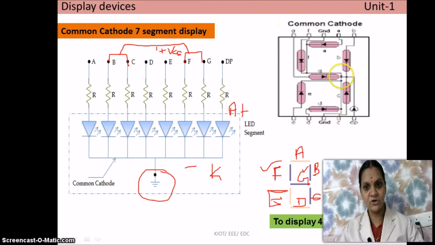Each dot here represents the internal connection, and each segment is taken out. The anode terminal of each segment is taken out and named A, B, C, D. Corresponding to the numerals or alphabets we want to display, we have to give a positive supply to the corresponding segments. So this is the common cathode 7 segment LED display. This 7 segment display is widely used in almost all commercial applications.